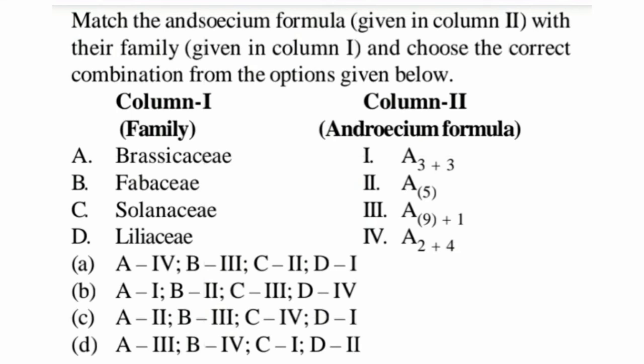Solanaceae, that is A5, whereas Liliaceae, A3 plus 3. So we got the answer, that is option A is correct. And I request all of you to learn the androecium formula of different families which is given in your NCERT textbook. Very important, anything could be asked from this section, that is floral diagram and floral formula. So option A is correct for this question.